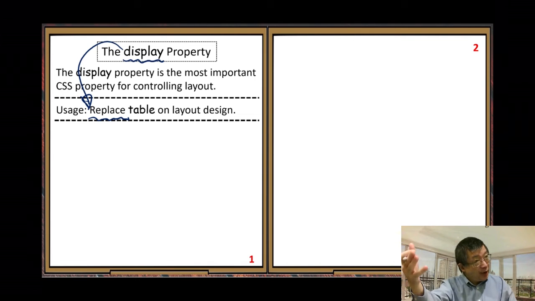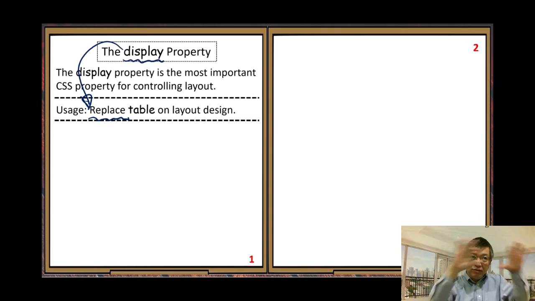So why replace the old way? When the layout becomes very complicated, if you still use the table, your table structure will be extremely complicated. And you have a lot of limitations when you use a table for the layout. You cannot break the table structure, so you have to use the existing table structure.